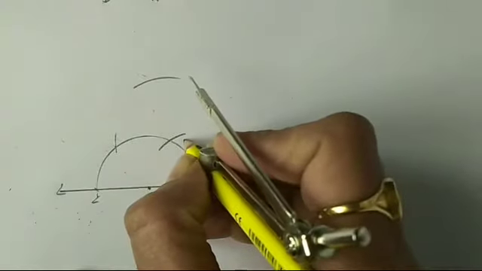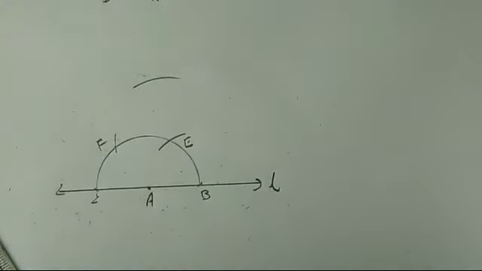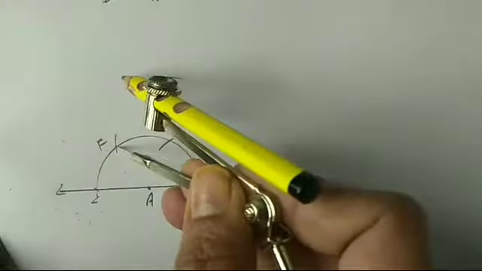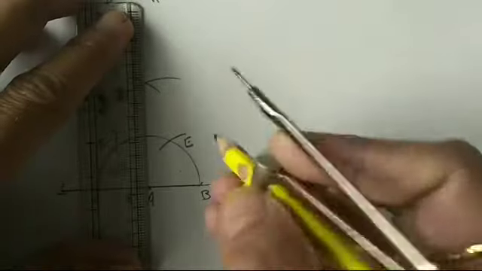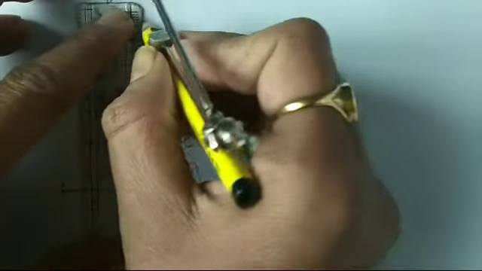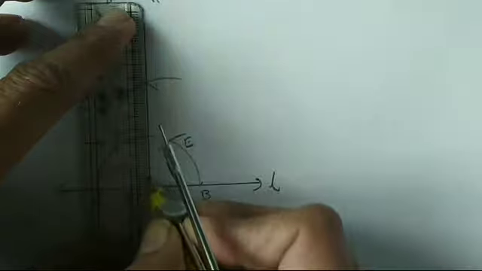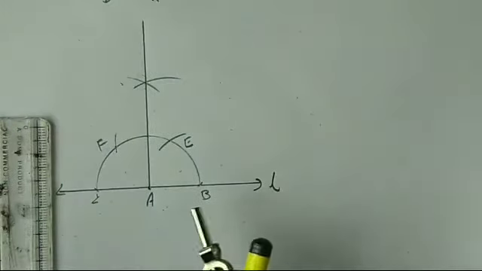This is B, this is E, and this is F. Now taking the radius, we cut an arc on the same radius from both sides. Then we join and draw a line. This is the perpendicular.